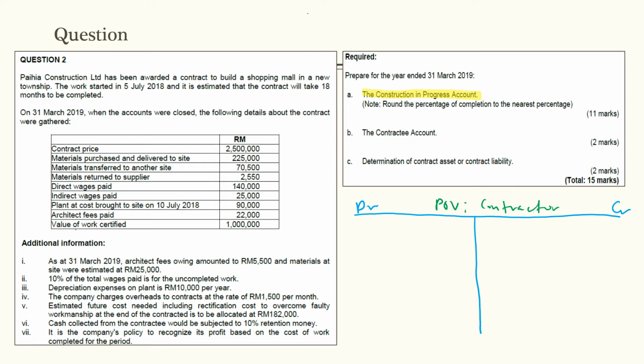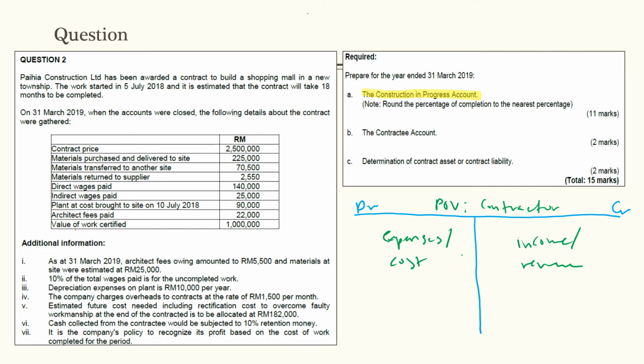Another basic thing that we need to know is that this contract account is more or less the same as the trading and profit and loss account, where all the expenses or costs that we put into the contract are recorded on the debit side, while any income or revenue that we receive from the contract is recorded on the credit side.